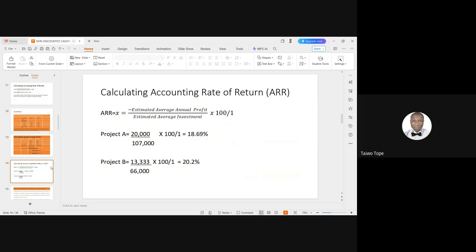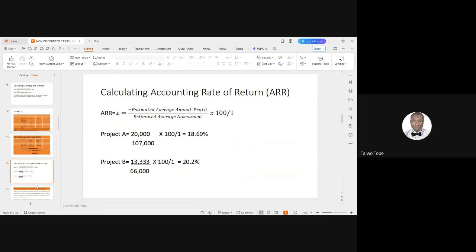So please, let's take note of some of these words. They are very important. So there are various ways you can compute that, but the examiner also always wants you to adopt this approach. So what are the advantages of accounting rate of return? One of the advantages is that it is simple to understand and easy to calculate, and it also considers the total profit or savings over the entire period of the economic life of the project.